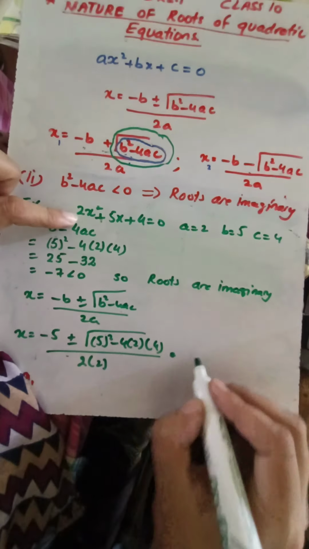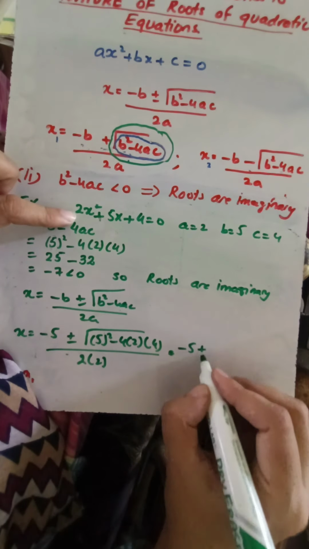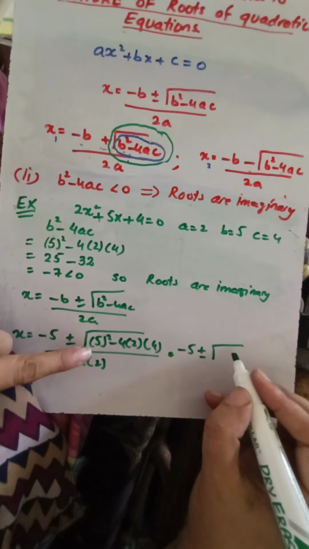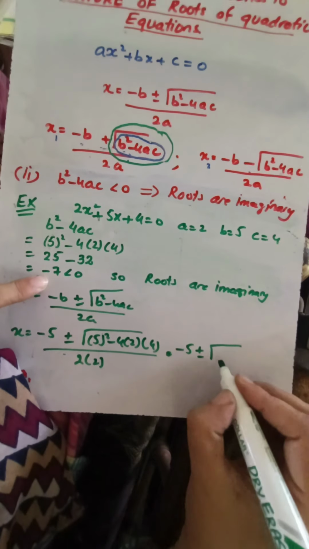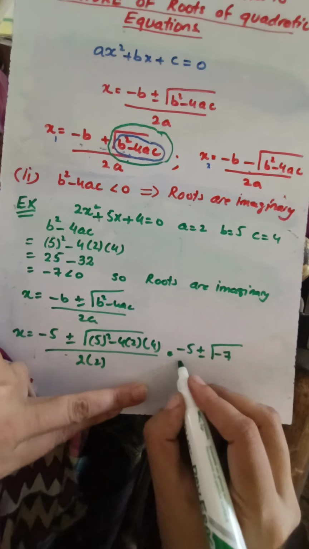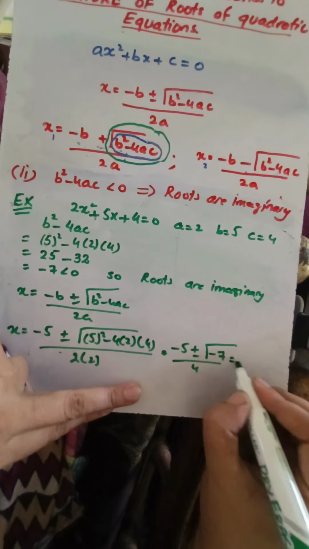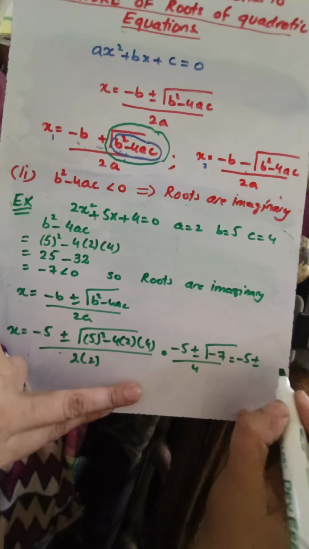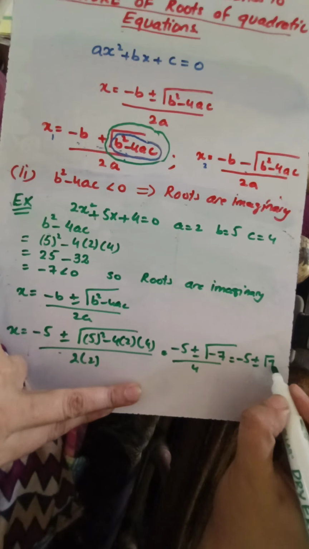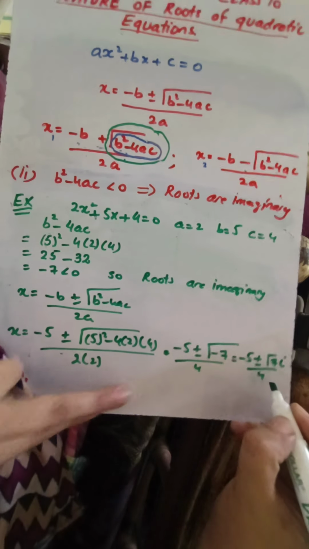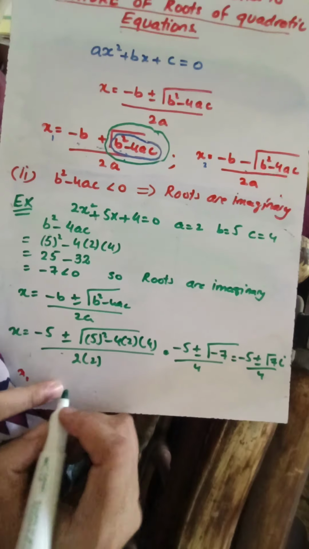So this will be equal to minus b plus minus under root, this number as we have calculated here is negative 7, over 4. Now if I write it in the iota form, this will be minus 5 plus minus under root 7 iota over 4. So over here we are getting the imaginary roots.